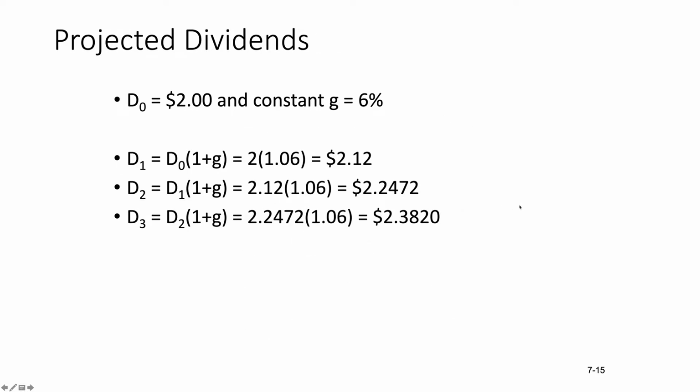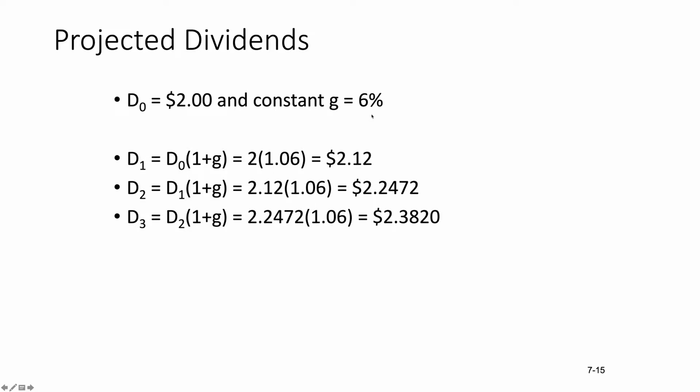Now let's look at a stock with a projected dividend. How do we calculate projected dividends? The last dividend they paid, already paid, is $2. But we know the dividend will grow at 6%. What is the next dividend?